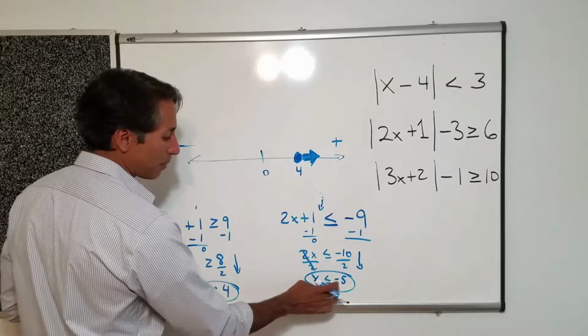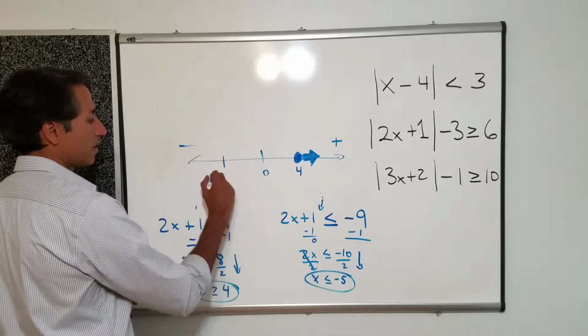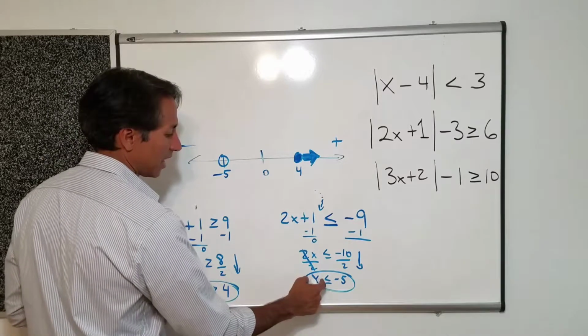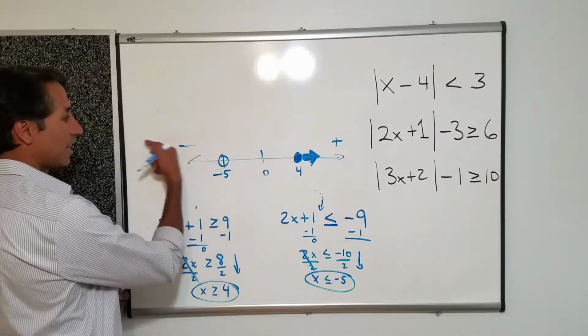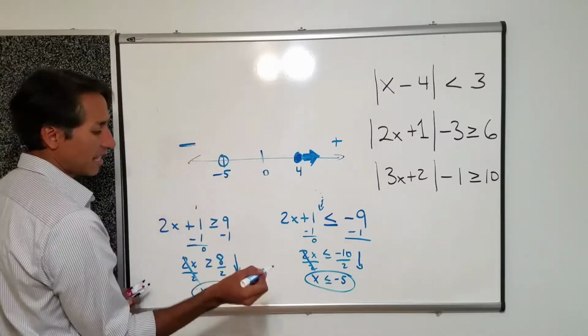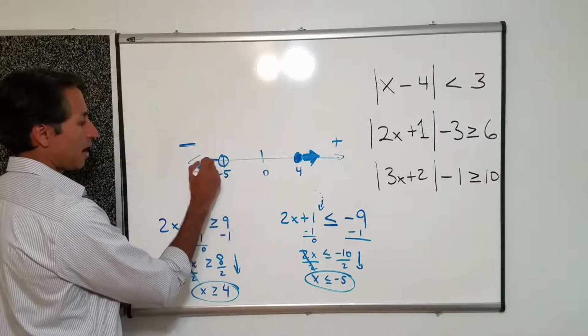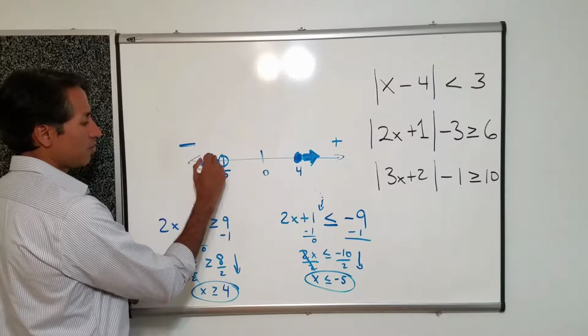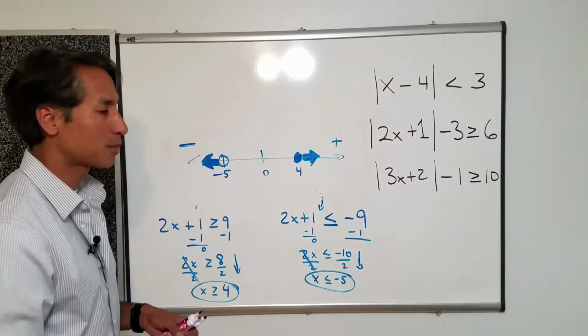Before you get into this part, just look at the number. It's a negative 5. Then tell yourself x is less than or equal to negative 5. I truly believe that by saying it out loud, you do help yourself in the explanation.